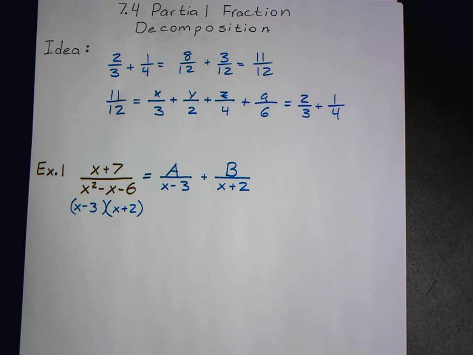Now, we're going to solve that. To solve that, what we do is we start by getting rid of the fraction. So to get rid of the fraction, I multiply both sides by the denominator.